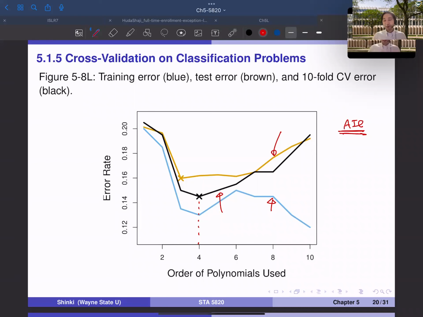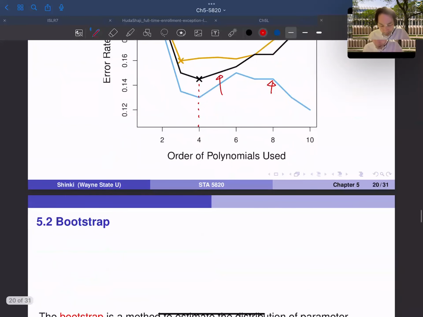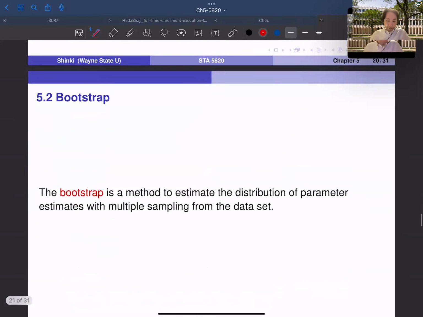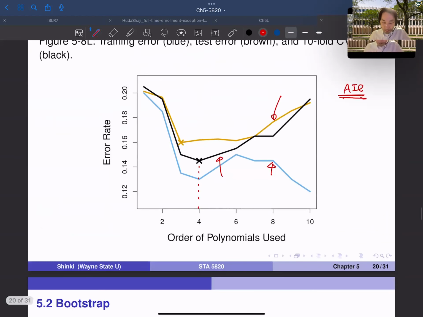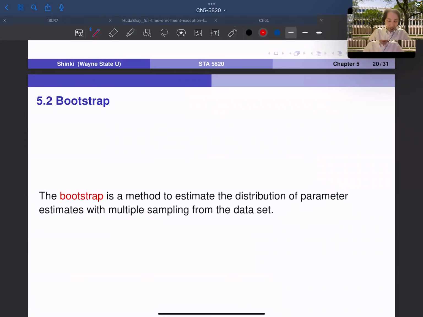If you transform the y values by log scale or something, we cannot compare. But as long as the response variable is the same, we can compare any models. That is the most convenient and powerful aspect of cross-validation. It does not depend on the model.